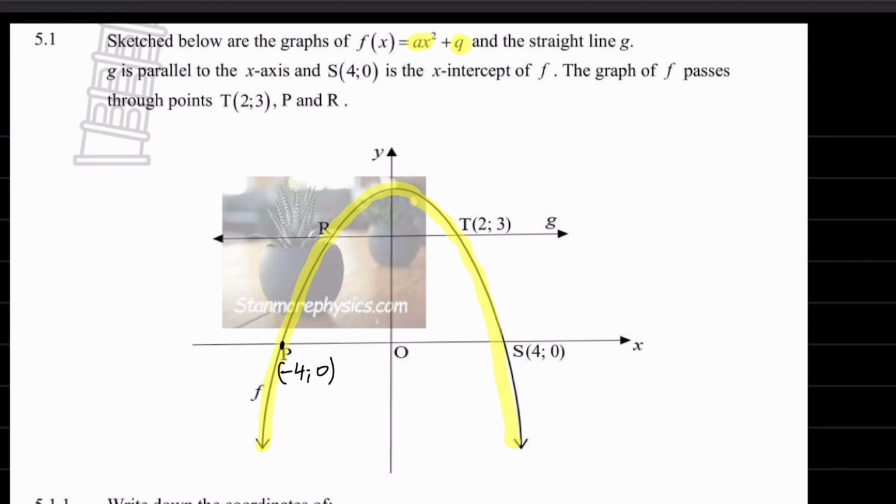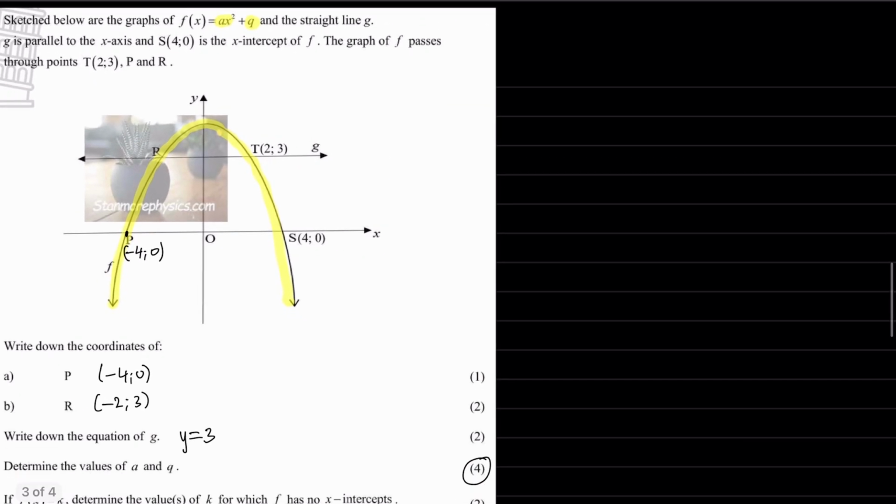Now, if you know the x-intercepts of a parabola, then you can work out the formula using a different format of the equation. Now, if you've been given the x-intercepts for a parabola, you can use this formula.